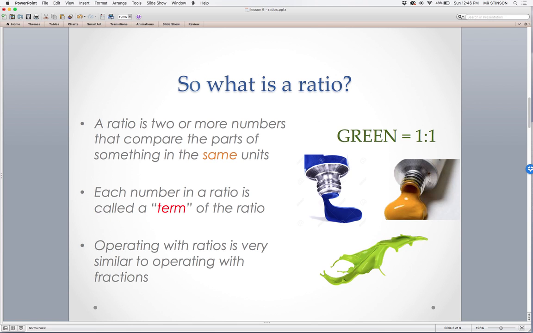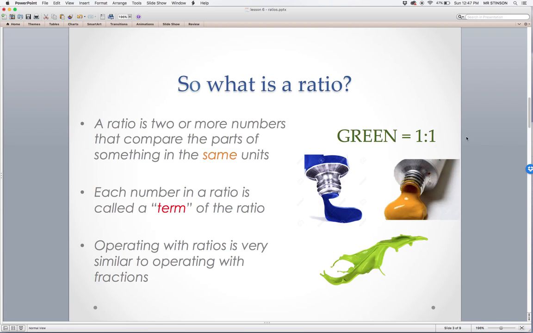So what is a ratio? A ratio is 2 or more numbers that compare the parts of something in the same units. Each number in a ratio is called a term of the ratio. And lastly, operating with ratios is very similar to operating with fractions. We can see a good example here, that the colour green can be expressed as a ratio of 2 equal parts, 1 part blue and 1 part yellow.